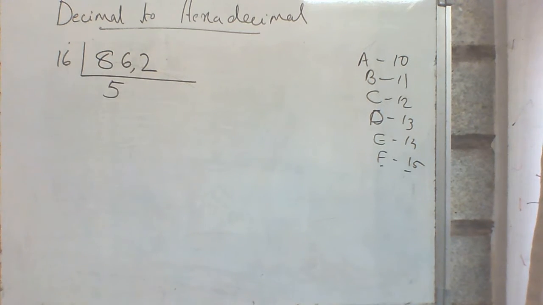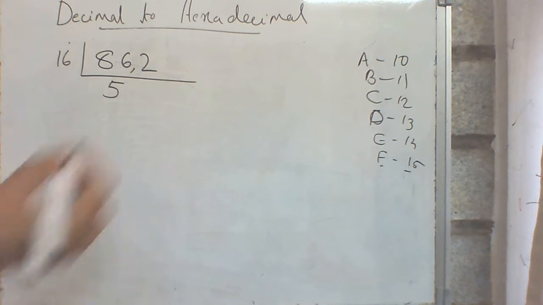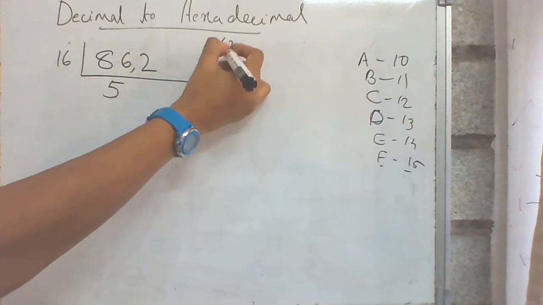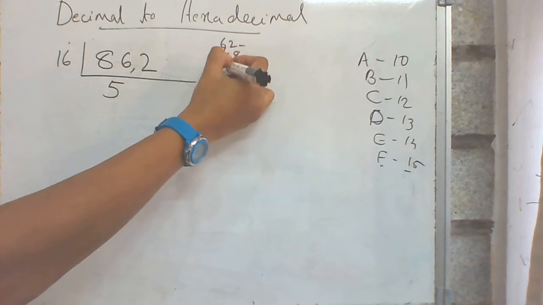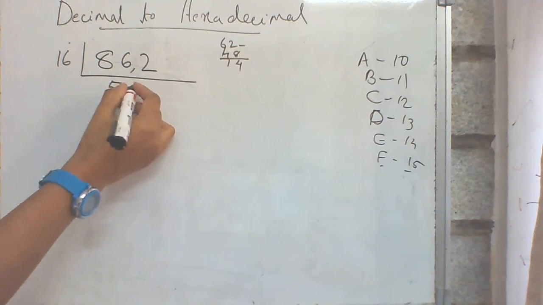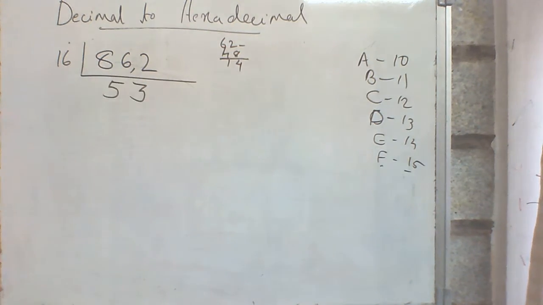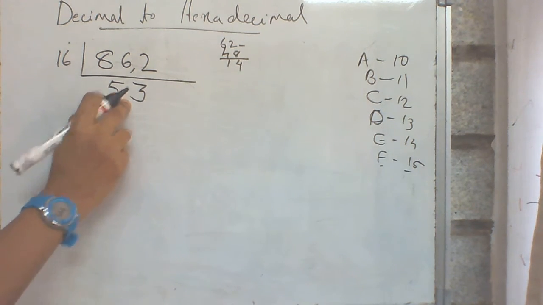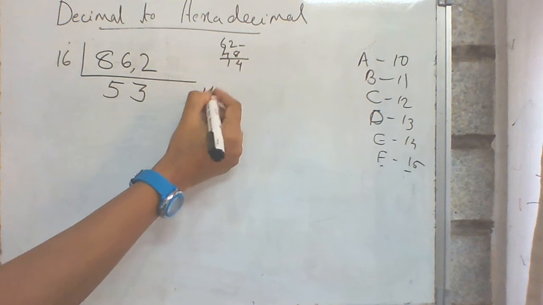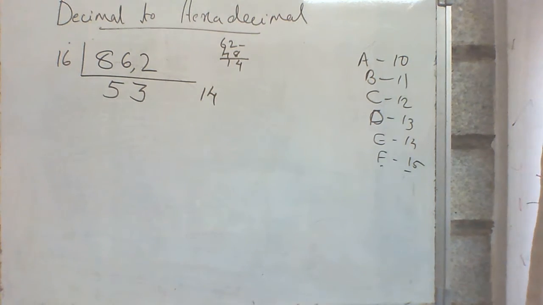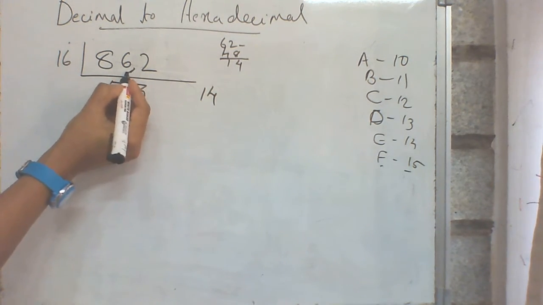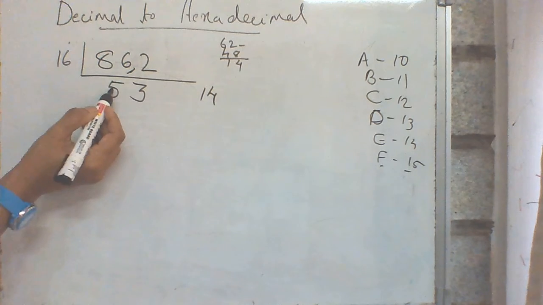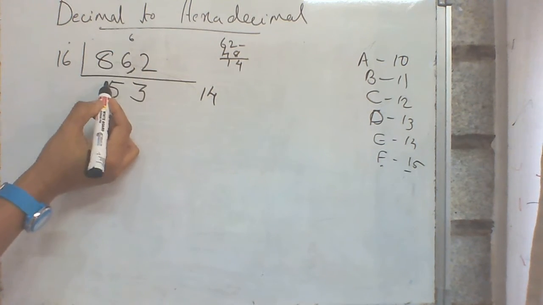Then in 62, how many 16s are there? 16 threes are 48. 62 minus 48 is equal to 14. So the quotient is 53 and the remainder is 14.